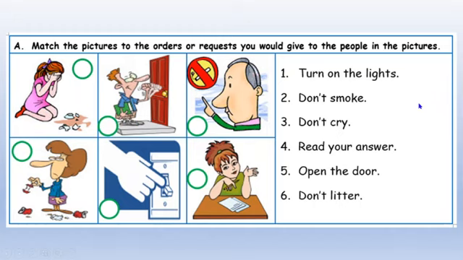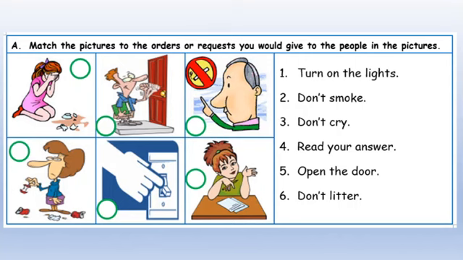Okay, I'm going to give you some time, and then I'm going to check what would be the right answers. Okay, that's all. We're going to check it. Now, the first sentence says, turn on the lights. It's the picture number 5.